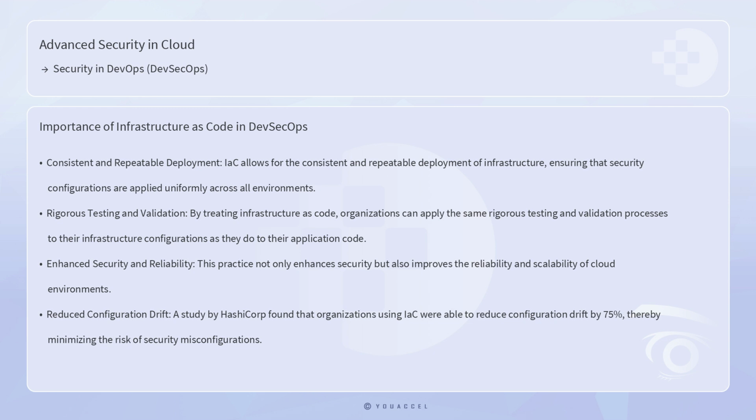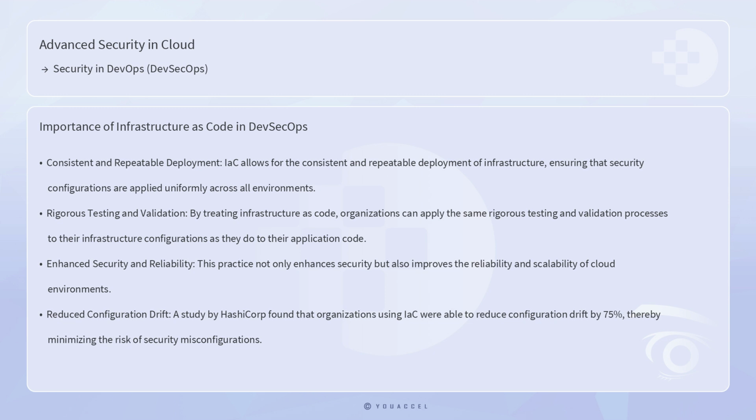Another critical aspect of DevSecOps is the use of infrastructure as code to manage and provision cloud environments. IaC allows for the consistent and repeatable deployment of infrastructure, ensuring that security configurations are applied uniformly across all environments.